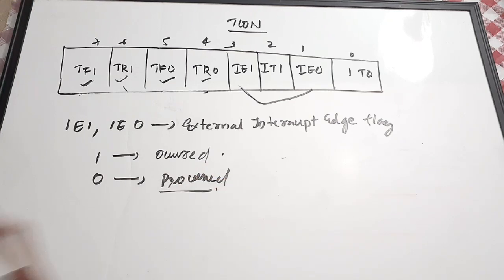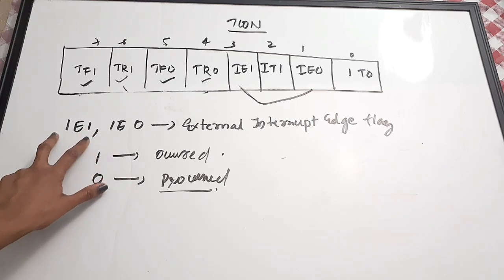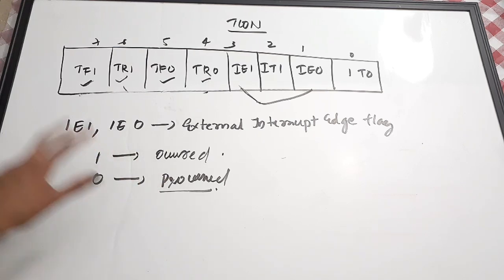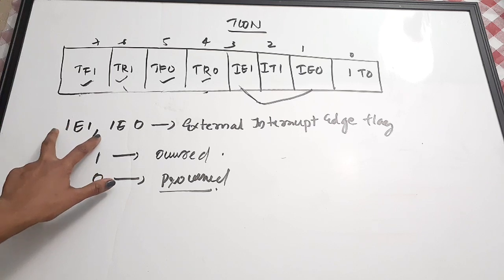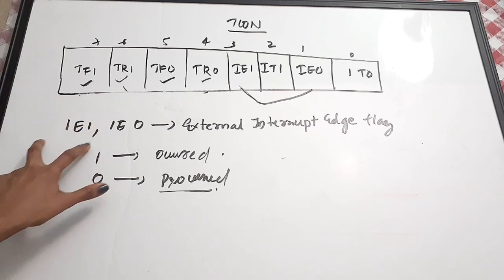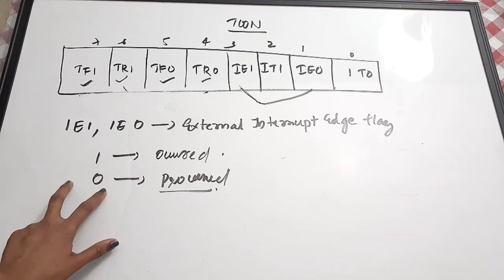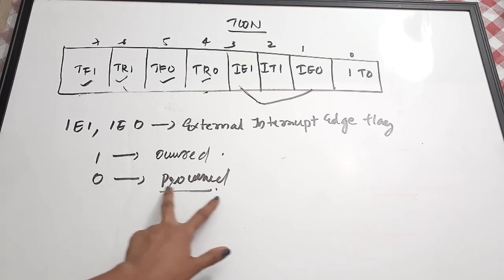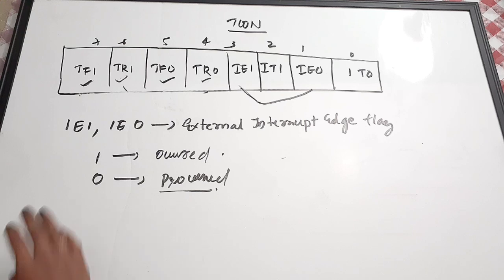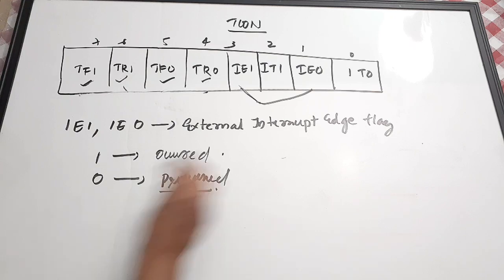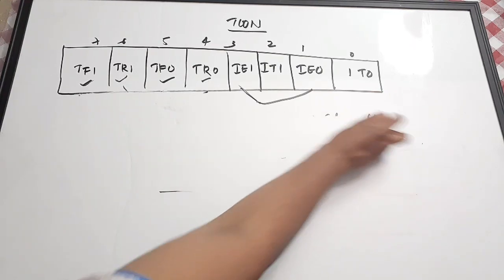So if IE1 is 1, external interrupt 1 has occurred. If this field is 0, external interrupt 1 is processed. Similarly for IE0 also. So that is for the two external interrupts. I hope these two fields are now clear.